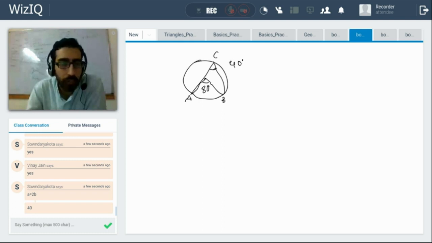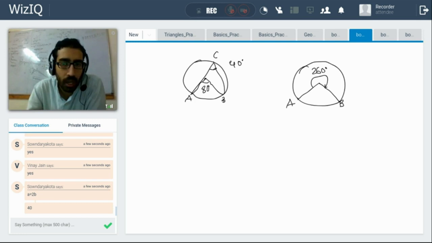Let's also see this the other way around. We've only been focusing on the minor arc. Let's say this angle is equal to 260 degrees. Let this be AB again. That angle is 260.